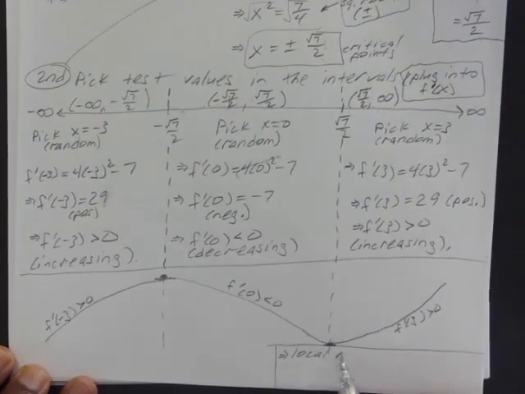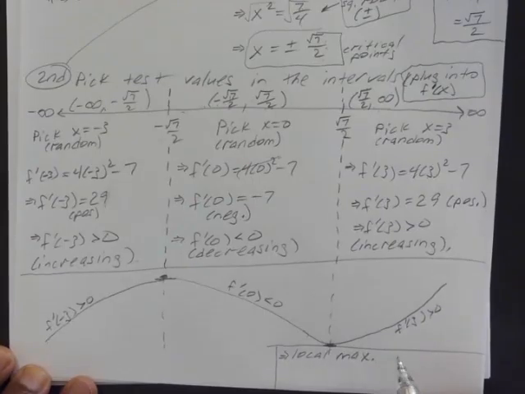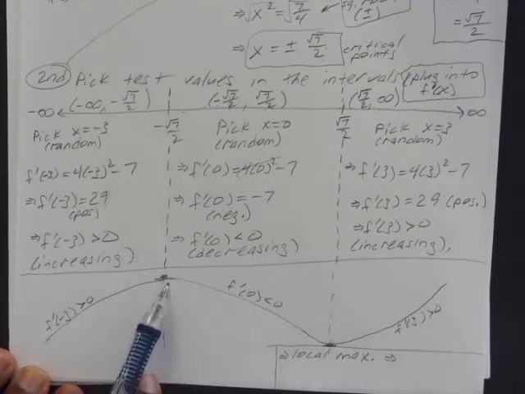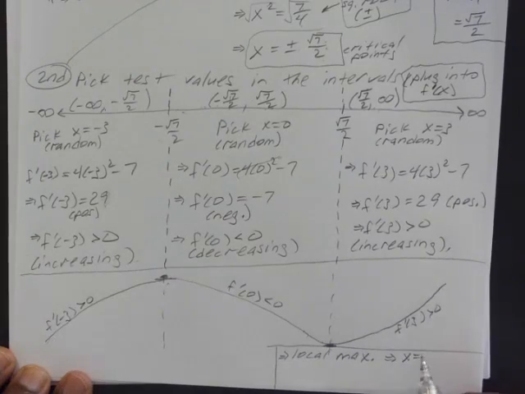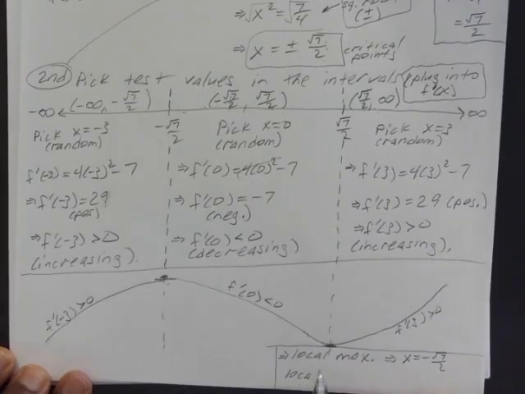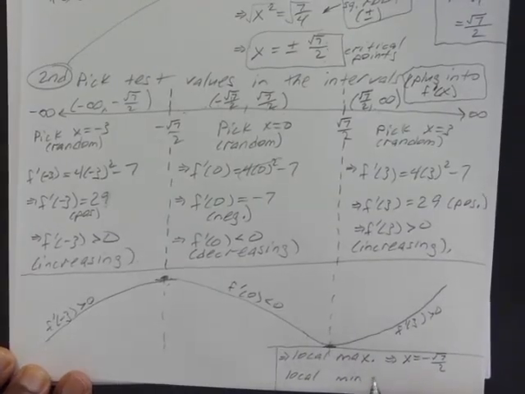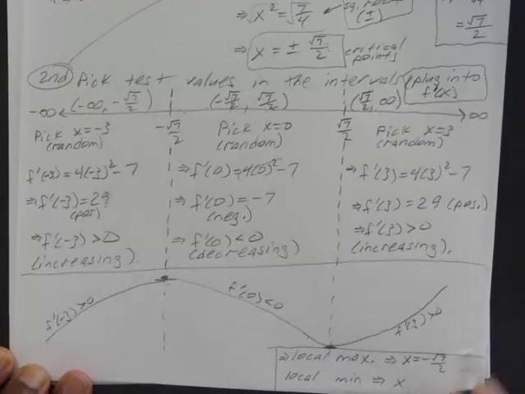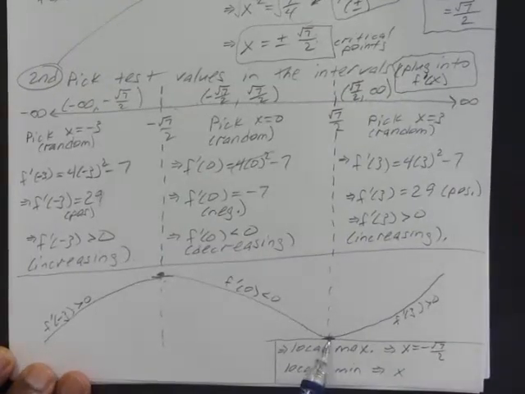So the local maximum is at x equals negative square root of 7 over 2. And our local minimum is x equals positive square root of 7 over 2.